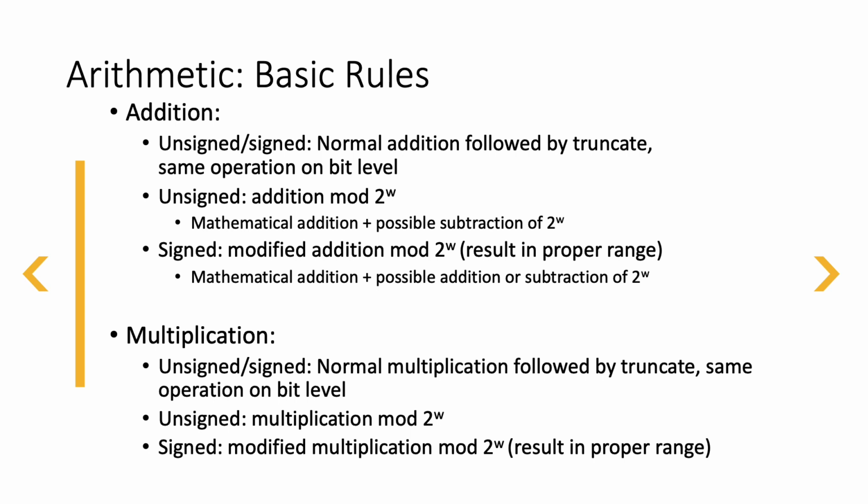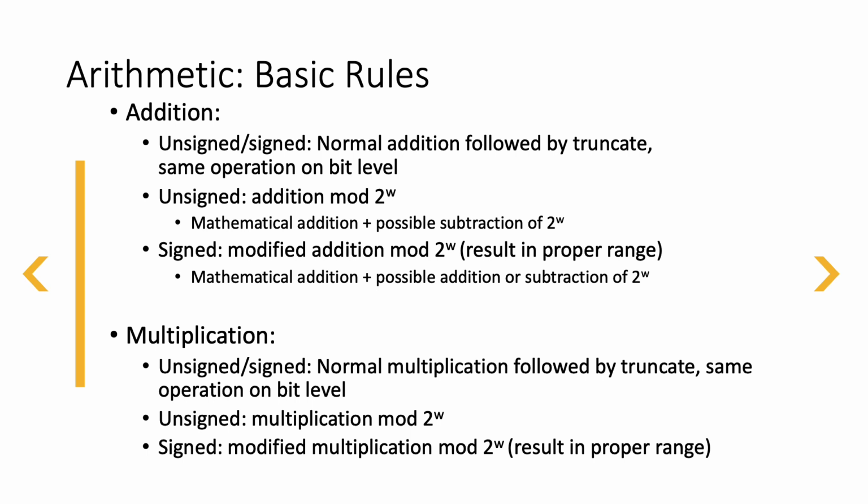Mathematical addition plus the possible subtraction of 2 to the w. So signed, it's a modified addition, mod 2 to the w, to result in the proper range. So mathematical addition plus the possible addition or subtraction of 2 to the w. So this is where we get into that modular arithmetic, and that's why for unsigned we have those 2 planes, and for signed we have the 3 that we saw on the visualization slides.